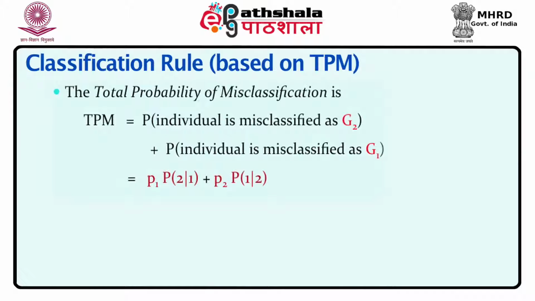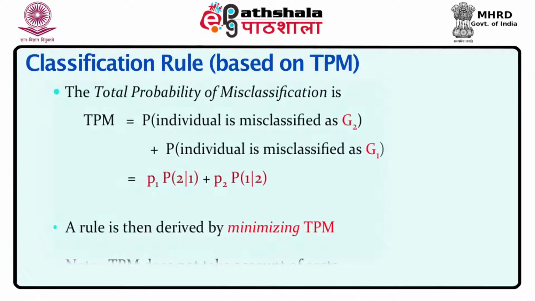As we have seen, the first of these is given by P1 times P(2|1), and the second is P2 times P(1|2). So what we need to do is find the minimum of the TPM, or the total probability of misclassification. That would lead us to an optimal rule.